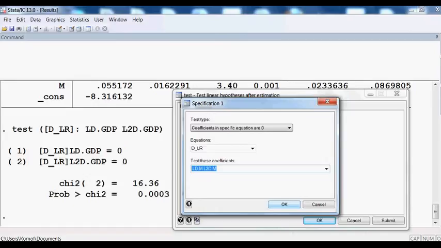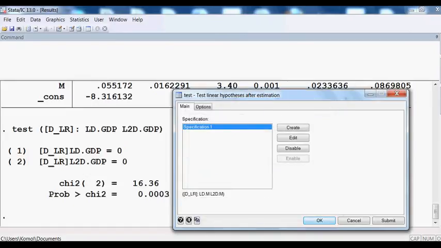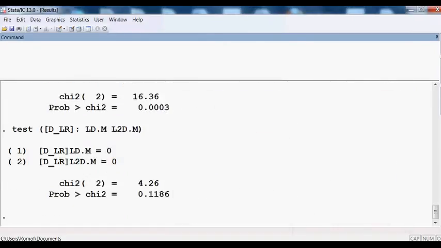Okay, I press OK. Here you can see the null hypothesis, chi-square value, and corresponding probability. The probability value is 11.86, meaning that it is more than 5%.